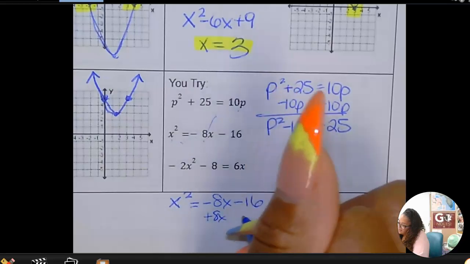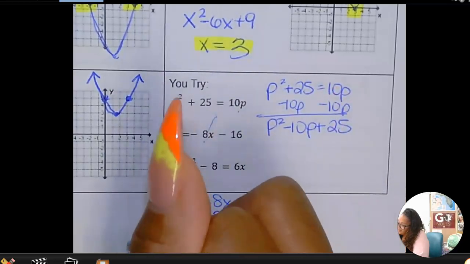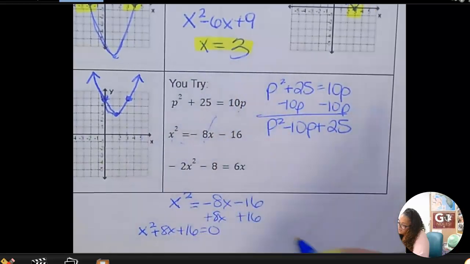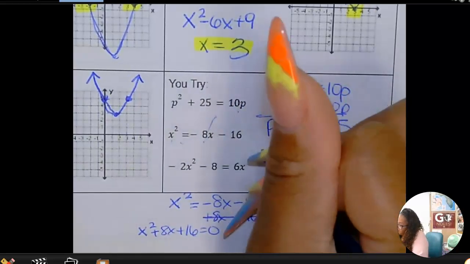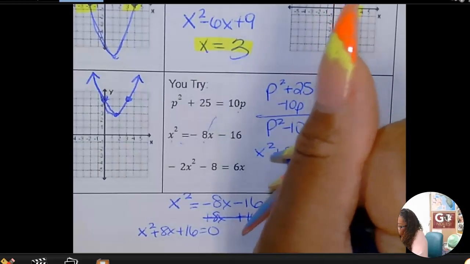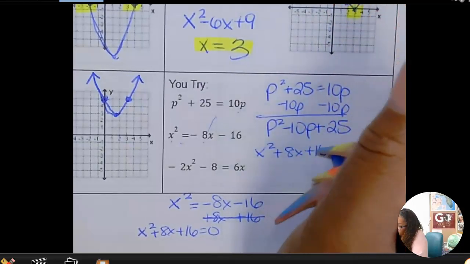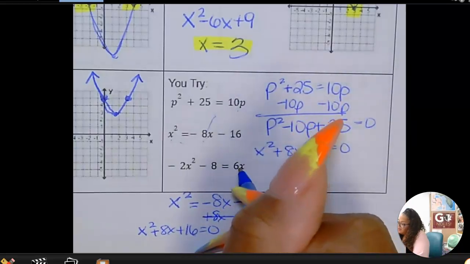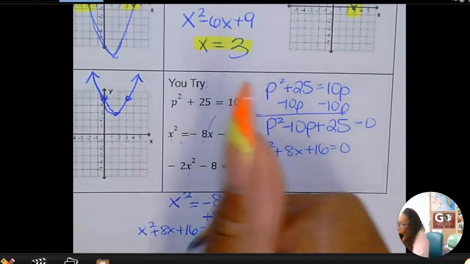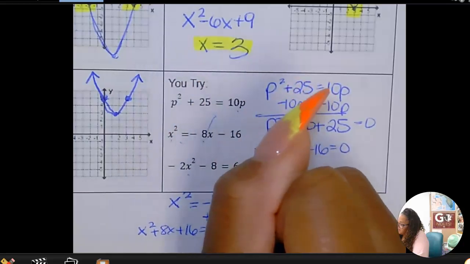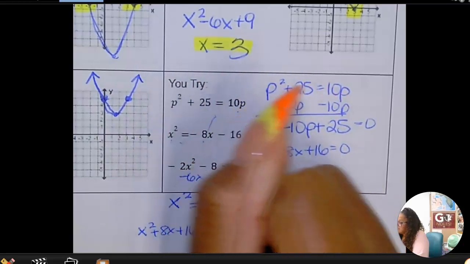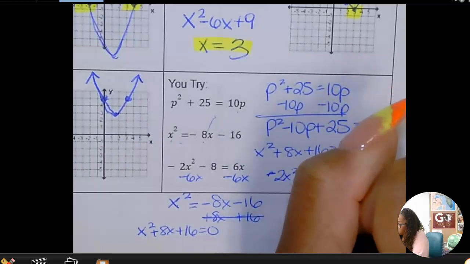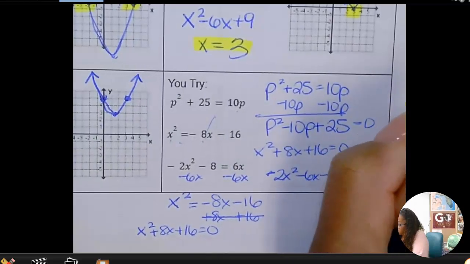Add 8x, add 16. X squared plus 8x plus 16 equals 0. This also equals 0. And then here I'm just moving the 6x to the other side. Minus 6x, minus 6x. This becomes -2x squared minus 6x minus 8.